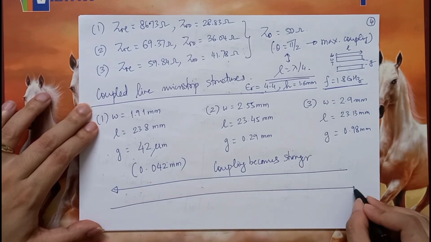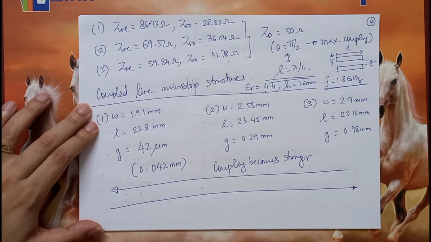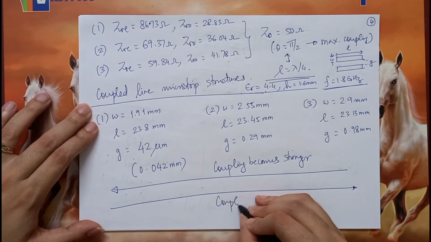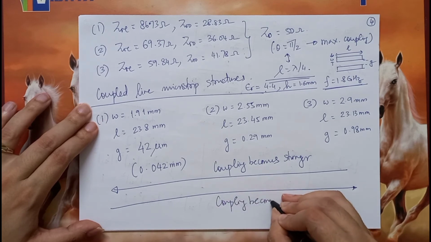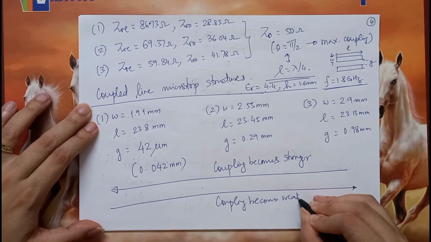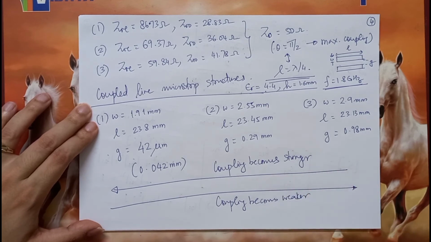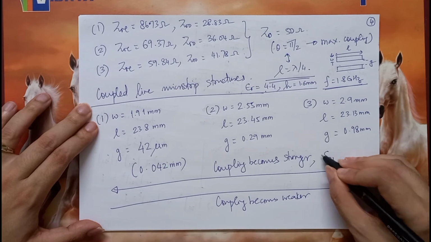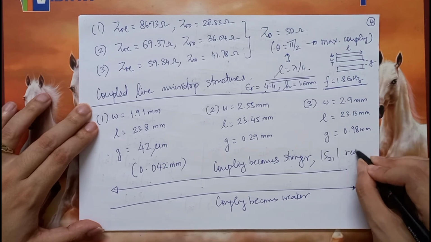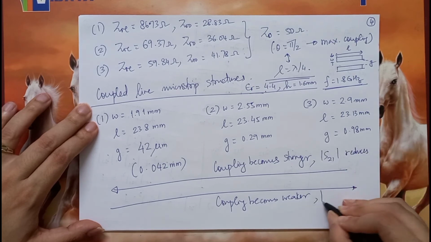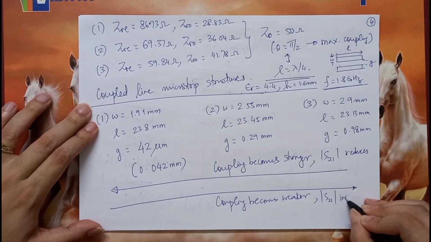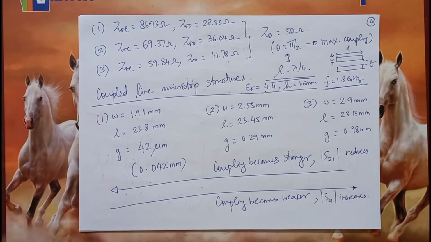And if I go right, coupling becomes weaker. Coupling becomes stronger and at the same time, the mod of S21 reduces. And here the mod of S21 increases to satisfy the unitary property.